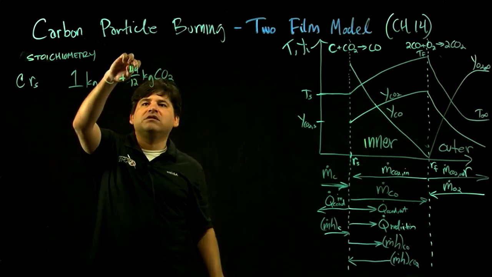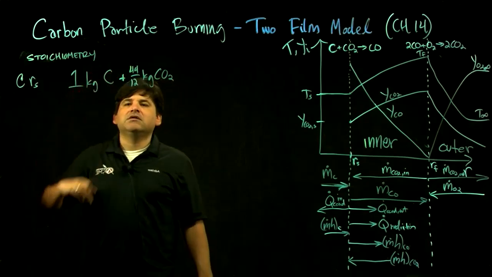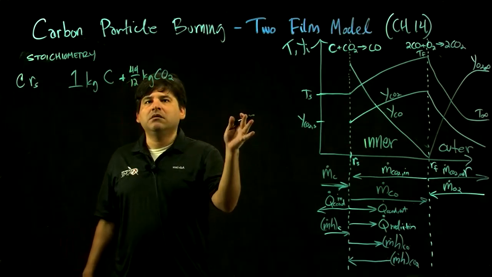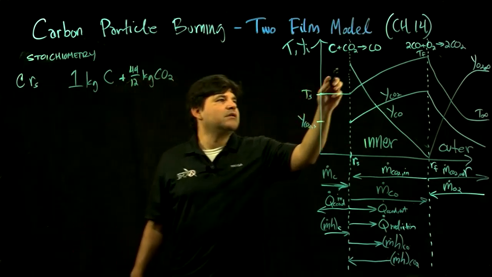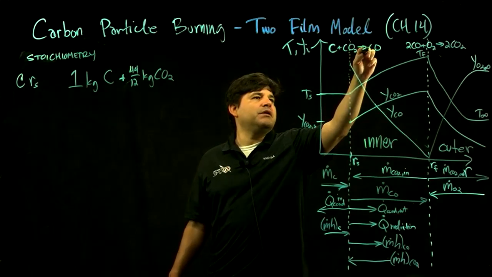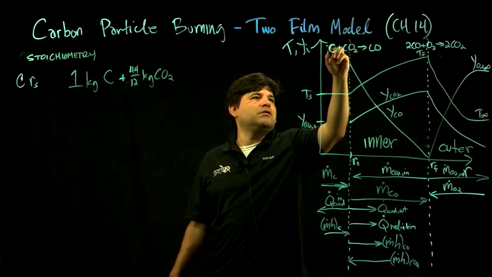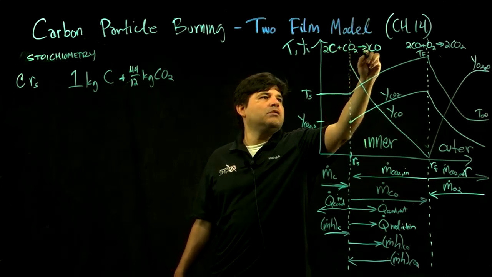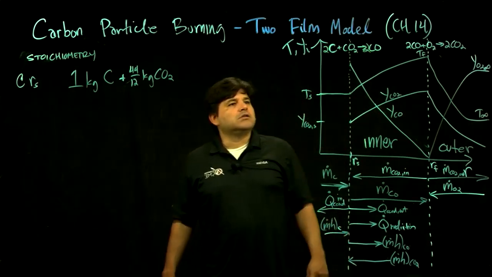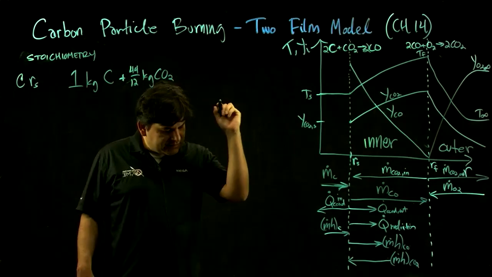So 44 is the molecular mass of CO2, 12 is the molecular mass of carbon. So it's basically saying that if you're going to produce CO, you have to balance this like here. So this is not balanced. This should be, I guess, 1/2 CO, should be 2, 2. So that's what this is doing as well, but just in terms of mass.